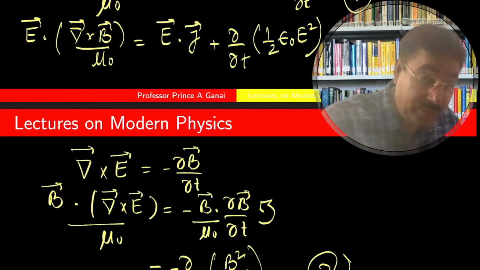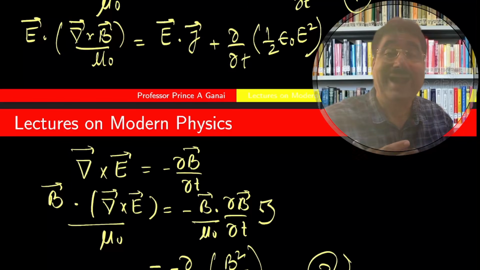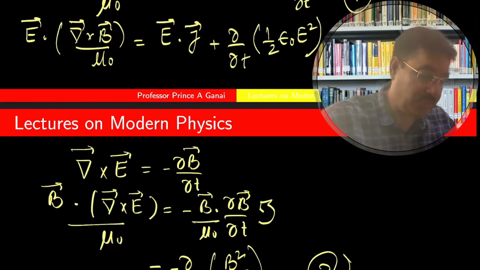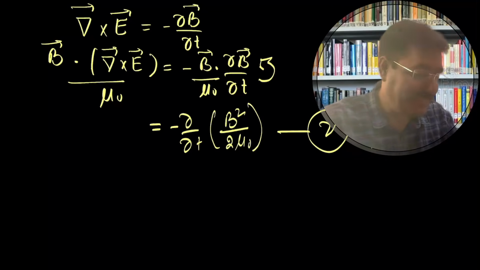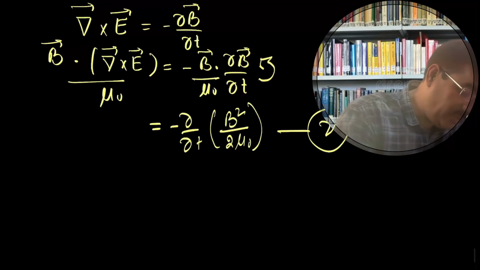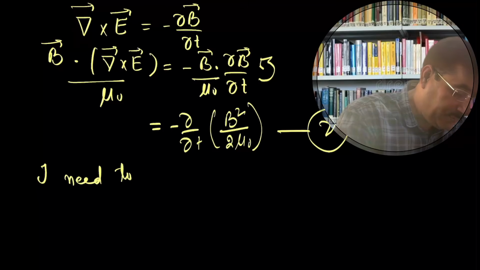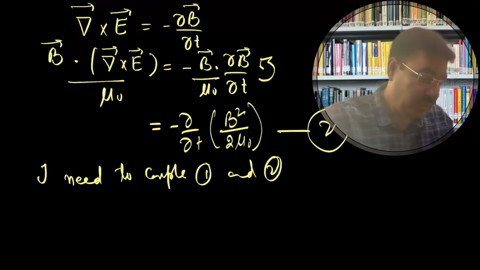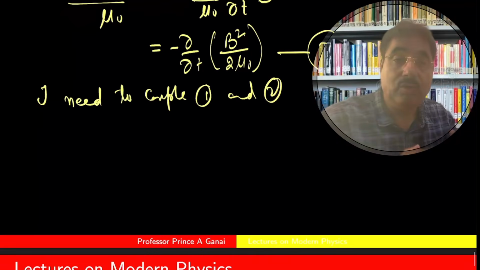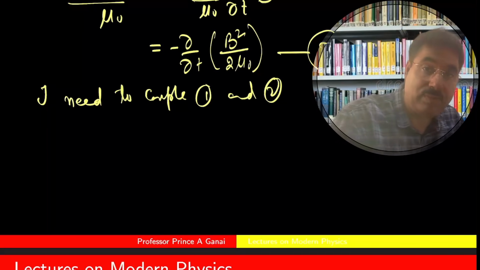For that, I use a vector identity to couple these two equations. So I need to couple 1 and 2. That's my job. I will look for a vector identity that may solve my problem.